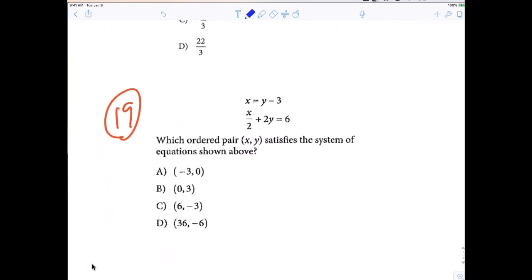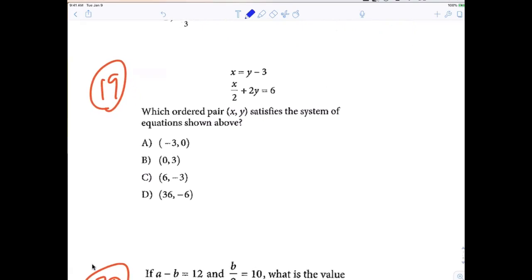All right, let's try 19 now. Again, for this, the same thing. You could plug them in, but more importantly now, listen to me. I still don't like the fractions, so I think it's nice if you just go ahead and multiply everything through by 2. When I do that, I end up with x plus 4y equals 12. Everybody agreeing with that?